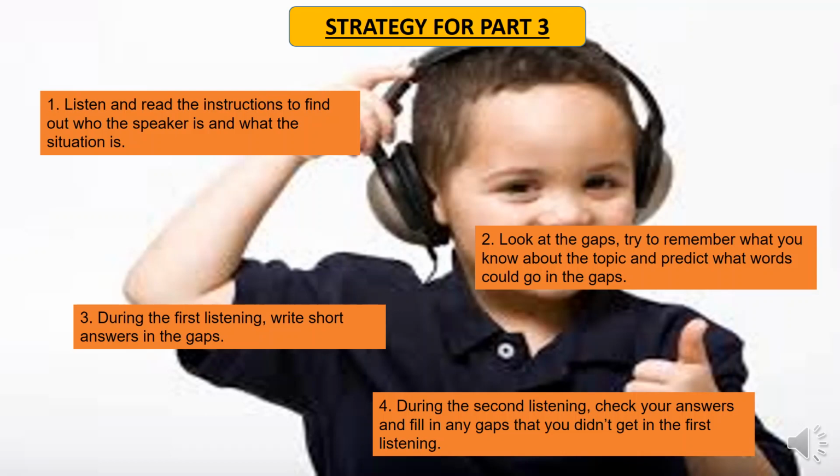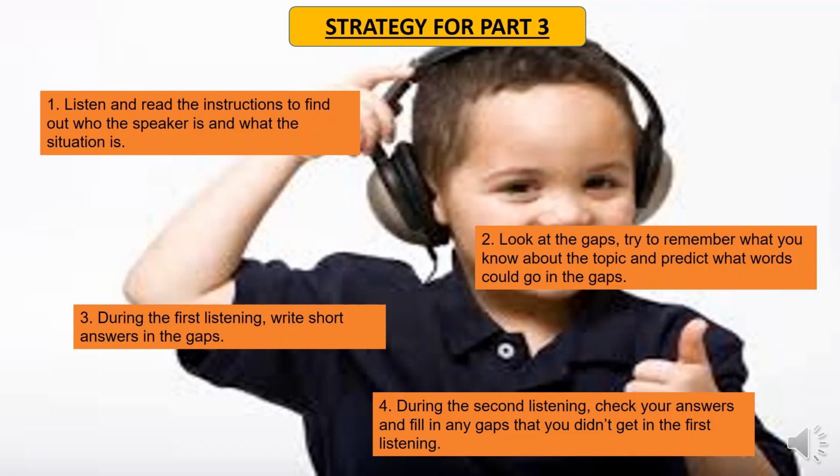Use the 20-second pause before the reading to read through the summary sheet. Look at the gaps. Try to remember what you know about the topic and predict what words could go in the gaps. During the first listening, write short answers in the gaps.